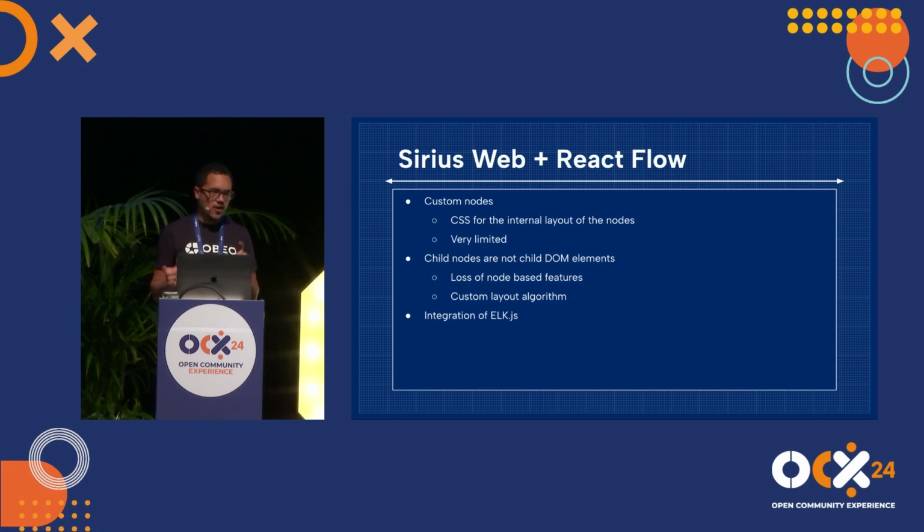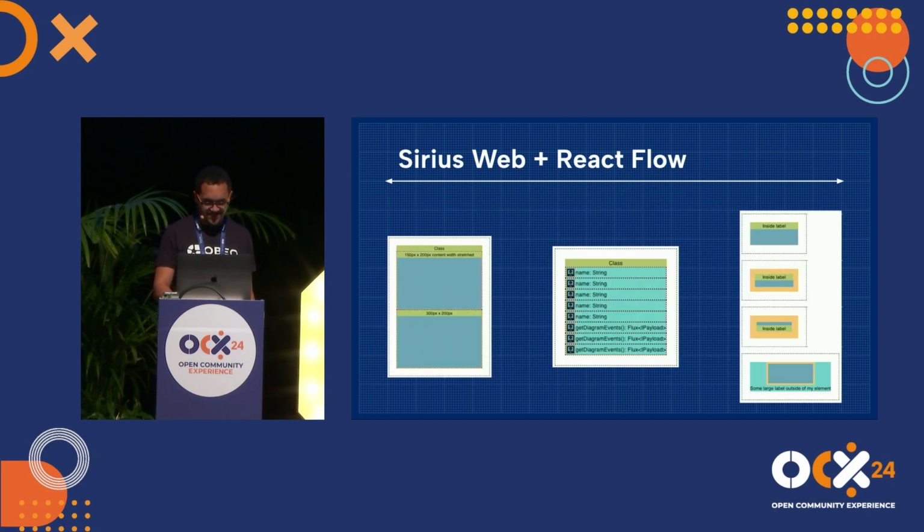We had to choose whether to make the child nodes real child elements in the DOM, but we would lose tons of features from React Flow, or build a custom layout algorithm. We still leverage ELK, but this time the JavaScript version instead of the Java version, and it works almost the same. We are still very happy with it.